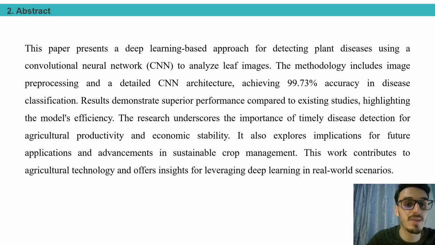The research underscores the importance of timely disease detection for agricultural productivity and economic stability. This work contributes to agricultural technology and offers insights for leveraging deep learning in real-world scenarios.